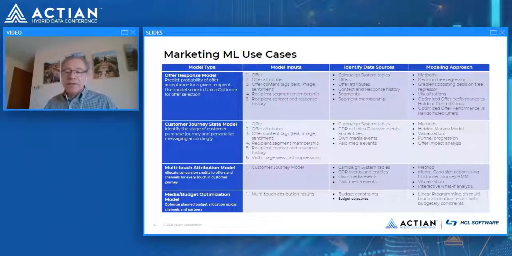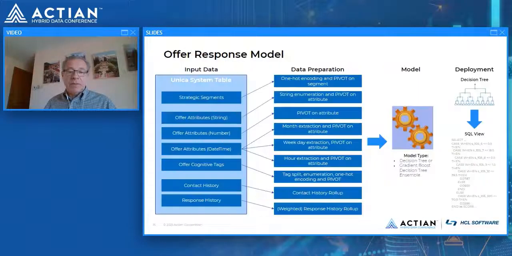So in the remaining several minutes, let's just quickly take a look at two top use cases in this list and see how Vector can work with Unica to help implement the use cases. So, offer response model. We're trying to figure out which offer is the best for each segment.